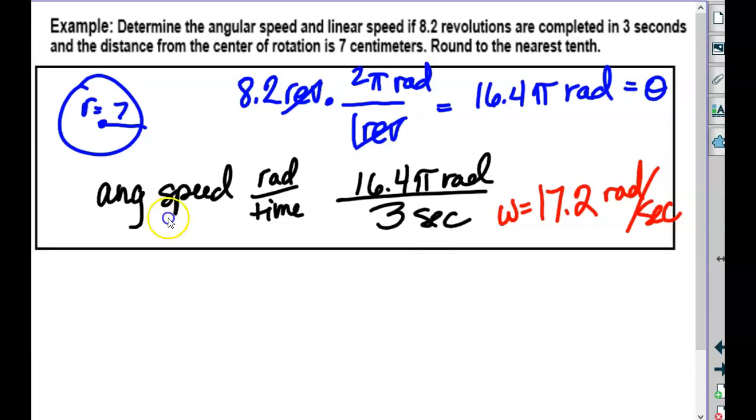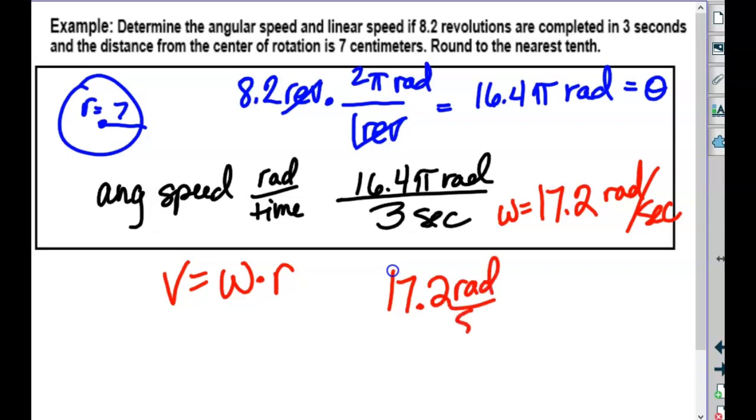All right, the linear speed has to be distance per time. Well, what do we know about distance? The radius is 7. Okay. I would use the one I just showed you, this one. The angular speed we just found times the radius of 7 centimeters.